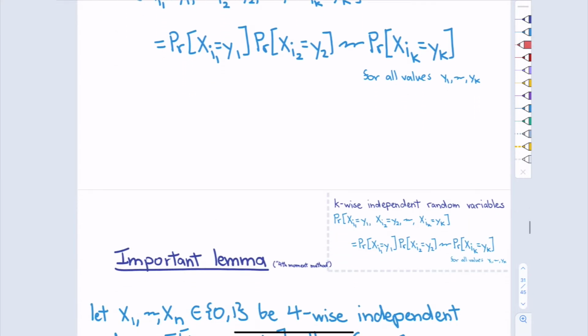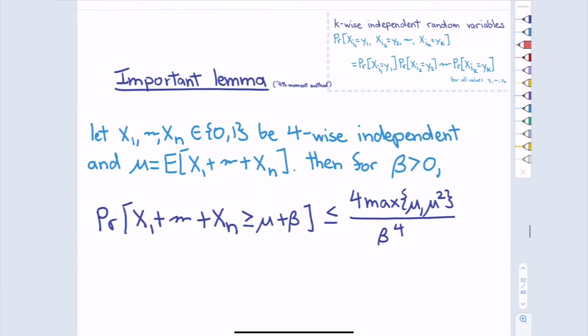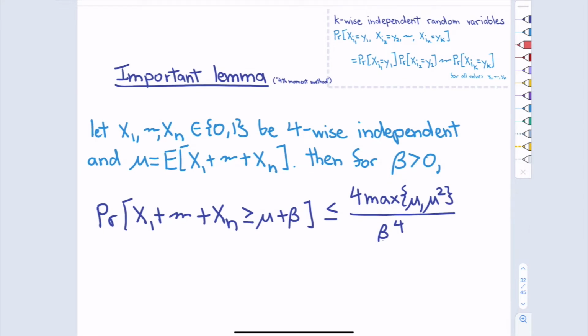All right, so I mentioned earlier we're going to try to do something a little bit stronger than Markov's inequality. And here's the technical tool we'll have to use today. It's a little bit eccentric. Don't worry too much about the exact details, but let me read it out loud. Let's say that x1 through xn are 0-1 random variables, like heads and tails. But I'm only assuming they're 4-wise independent.